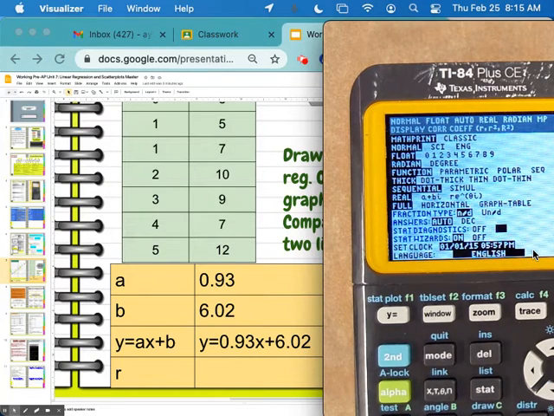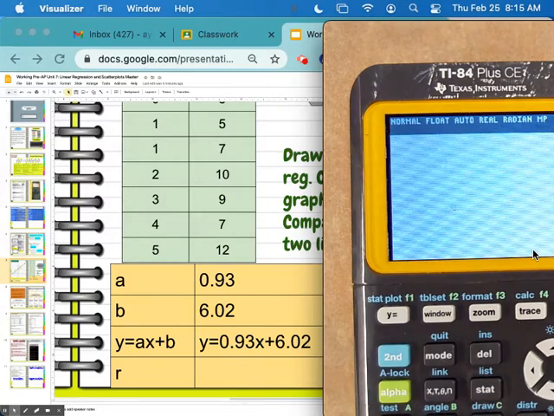Every time you reset your calculator, it turns it off. And on the EOC, it's going to ask you for the R value. It's going to say which R value is closest that fits this data. So you've got to remember to go back to your mode and turn stat diagnostics on. Okay, now hit clear to get out of it.